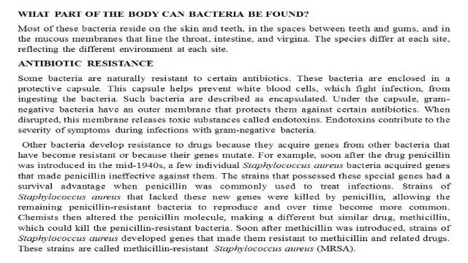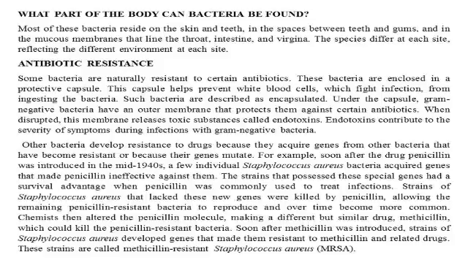Other bacteria develop resistance to drugs because they acquire genes from other bacteria that have become resistant, or because the genes mutate. For example, soon after the drug penicillin was introduced in the mid-1940s, a few individual Staphylococcus aureus bacteria acquired genes that made penicillin ineffective against them.